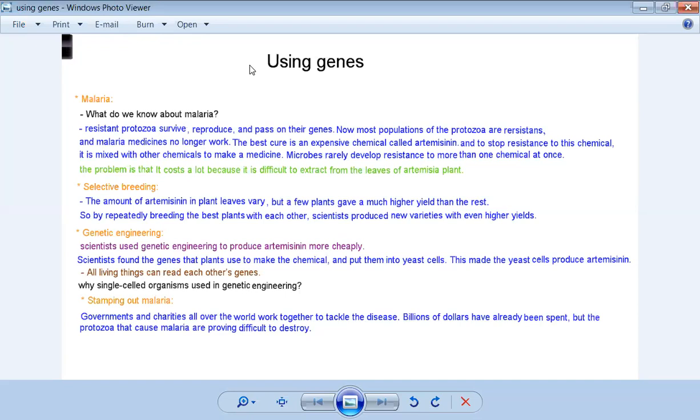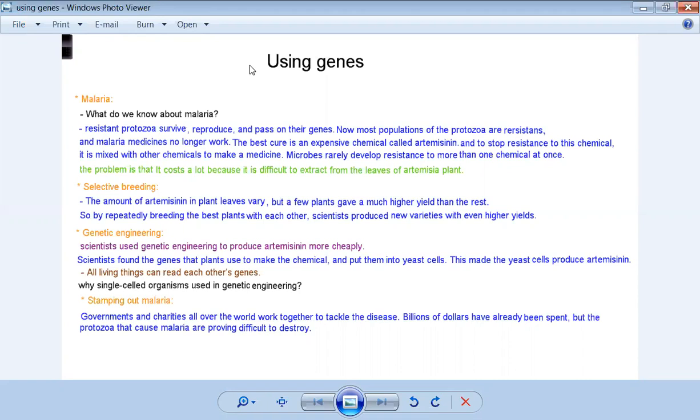So how can scientists use another idea to fight this disease? The best cure is an expensive chemical called artemisinin. This artemisinin comes from a plant called Artemisia, okay?